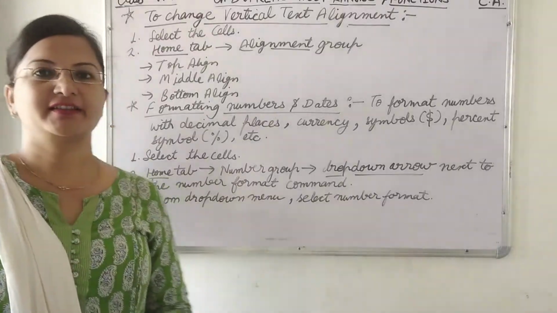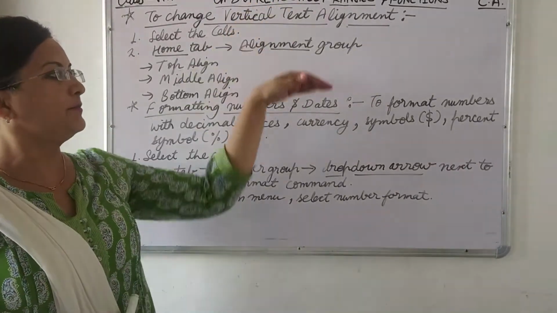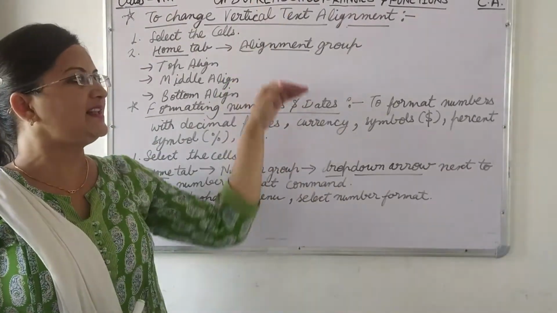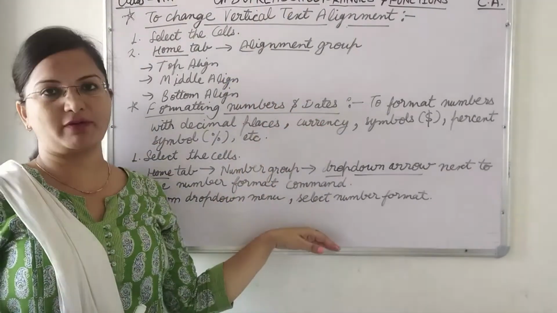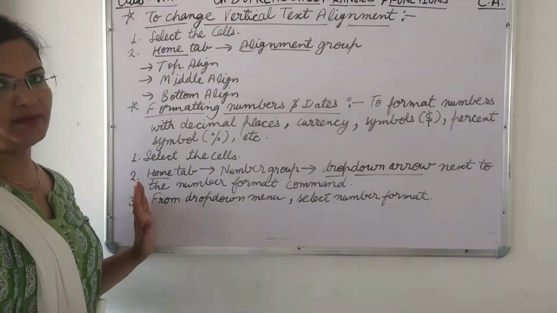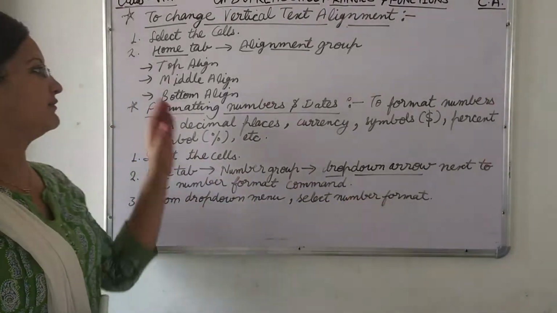Now students, vertical alignment of the text. Vertical alignment means top, middle, bottom. If this is a cell, then top of the cell, middle of the cell and bottom of the cell. By default the text is always at the bottom left and the number is always at the bottom right of the cell.